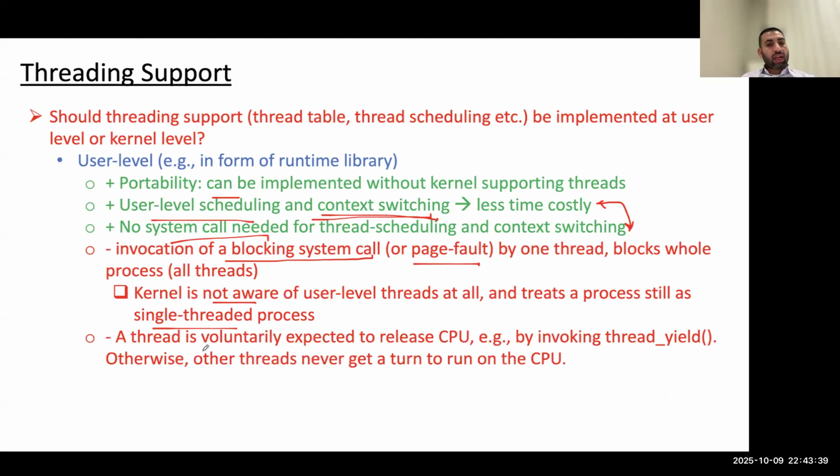And the other problem, which I mentioned earlier, is that a thread is voluntarily expected to release the CPU by invoking the thread yield function. Otherwise, other threads never get a turn to run on the CPU, right?